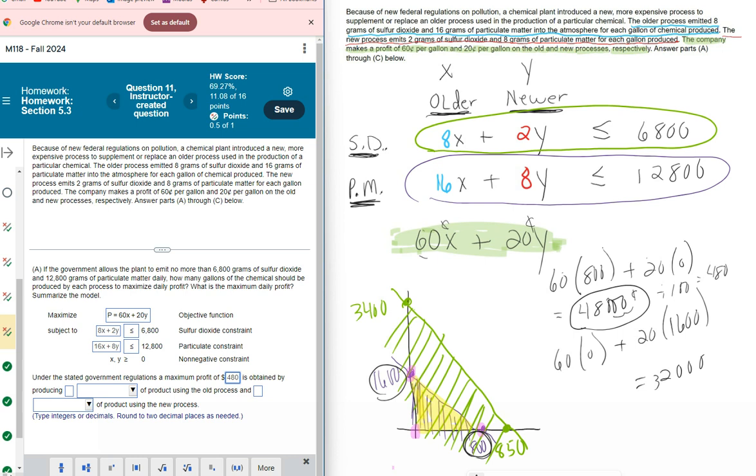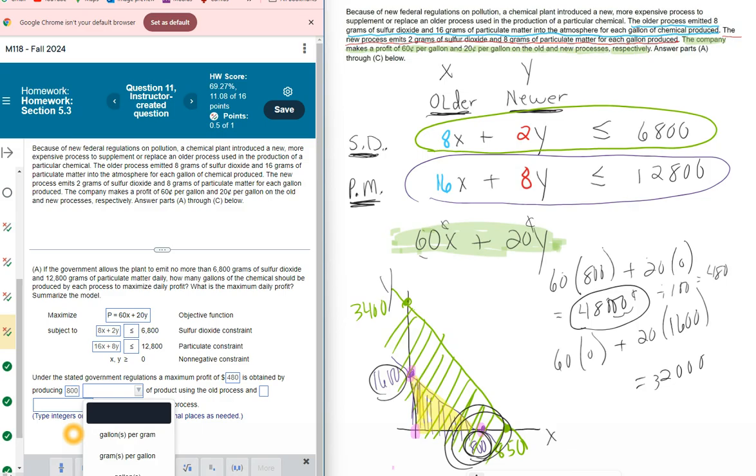And I got that by producing, let's see, X is the old and Y is the new, and my point that worked was this one. So X is the old, producing 800. What is this?